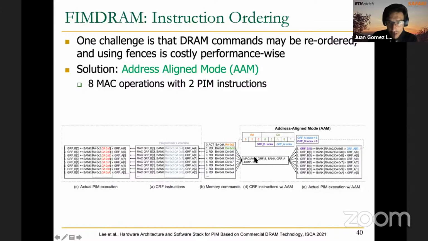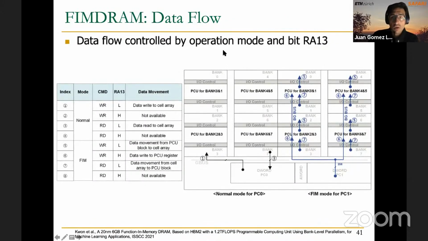And each of these MAC operations is decomposed into different activate and read commands that are going to issue the different MAC operations that we want in the pipeline to happen. And here we can take a look at the different data movement modes, right?